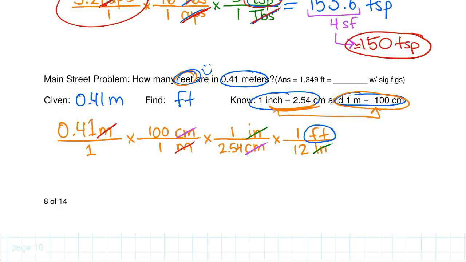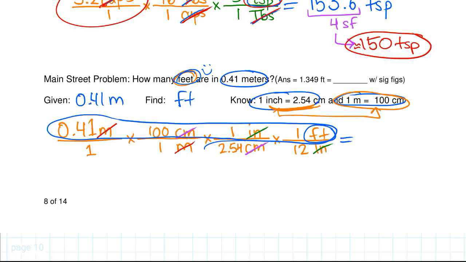Plug this into your calculator. The easiest way to do that is the way that I do it, and you can do it any way you want that makes sense mathematically, is you can type in the entire numerator, so 0.41 times 100 times 1 times 1, then press enter, and then divide that by 2.54 times 12. The big idea is they could go in parentheses.